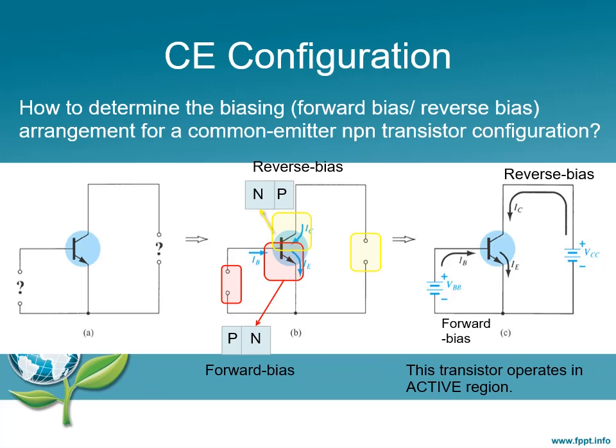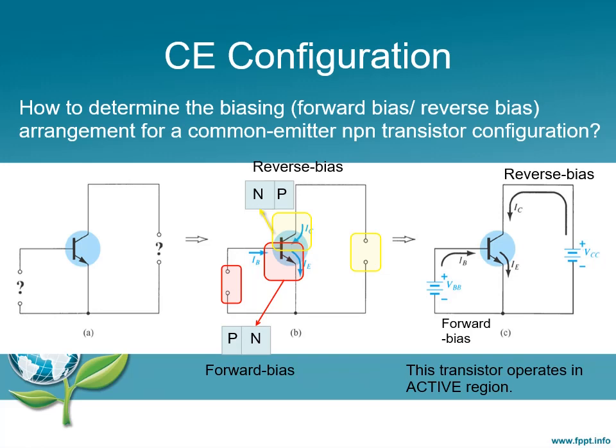How do we determine the biasing, forward bias or reverse bias arrangement, for a common emitter NPN transistor configuration? Take a look at the second figure. The PN junction should be in forward bias, while the NP junction should be in reverse bias.